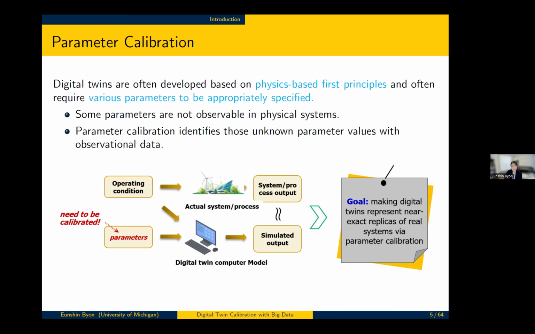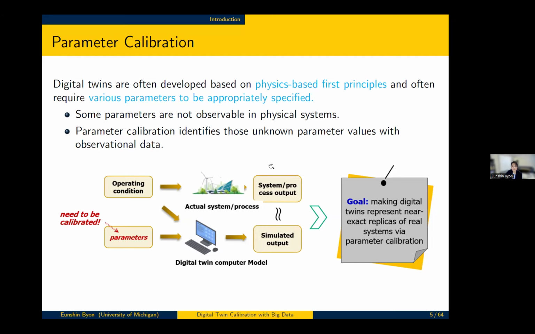And in these digital twins, oftentimes we need to set the parameters a priori to run the digital twin model. So if you look at this picture in the bottom, there is this actual system or process like a wind farm or actual building. And there's this input, oftentimes operating condition, and there's output.